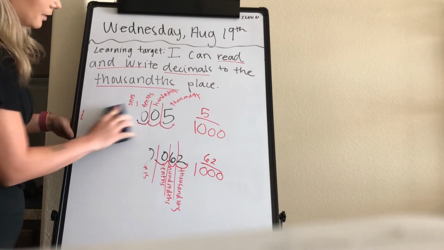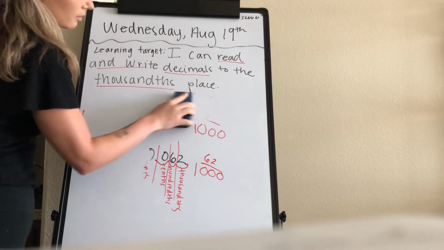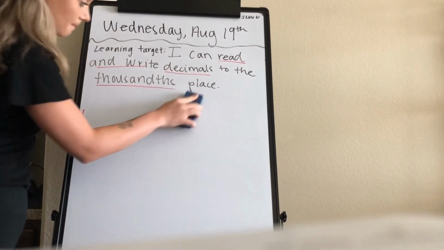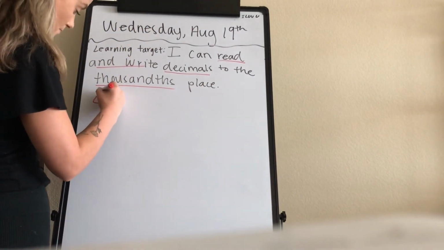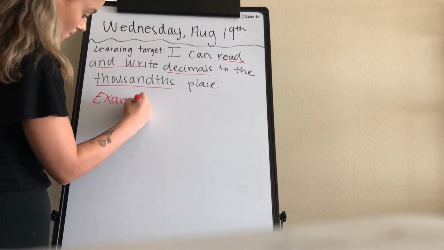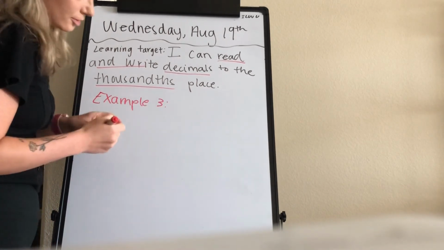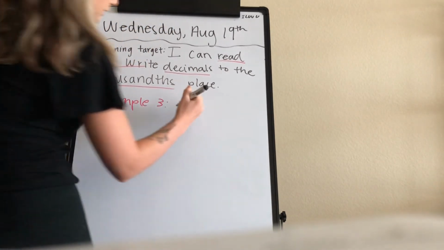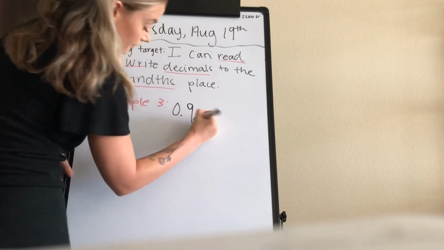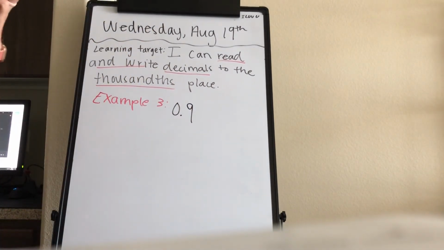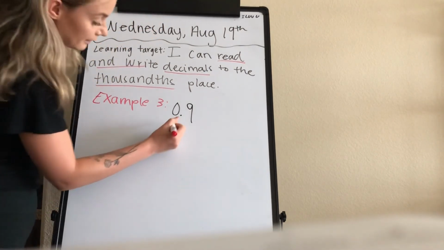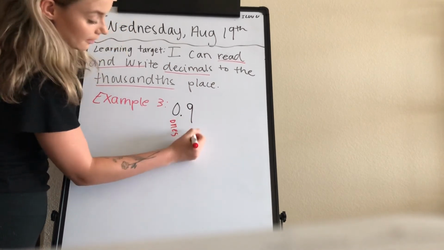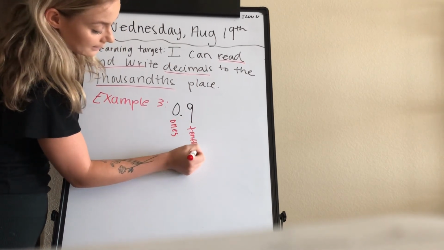All right, guys, example number 3. Let's do 0.9. What if you just see 0.9? Let's label our place value. So our 0 is in our ones place, and our 9 is in our tenths place.